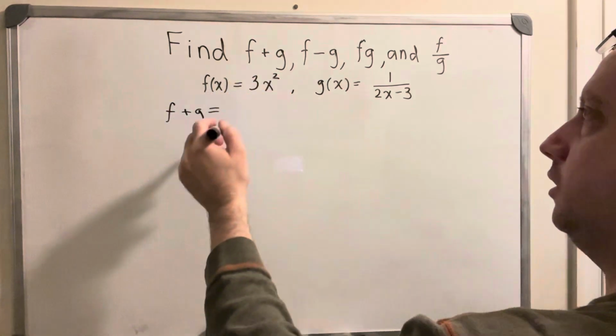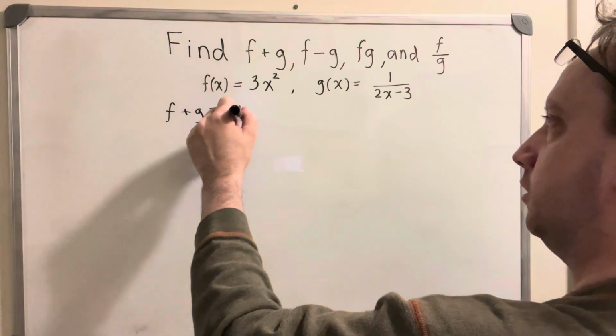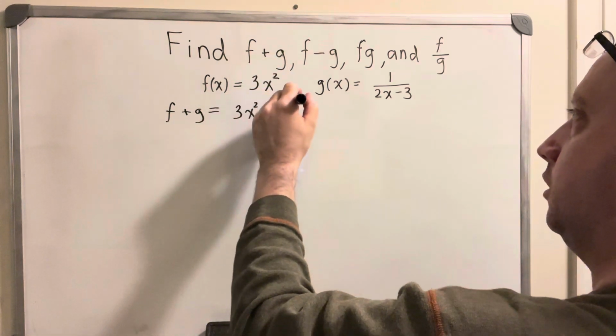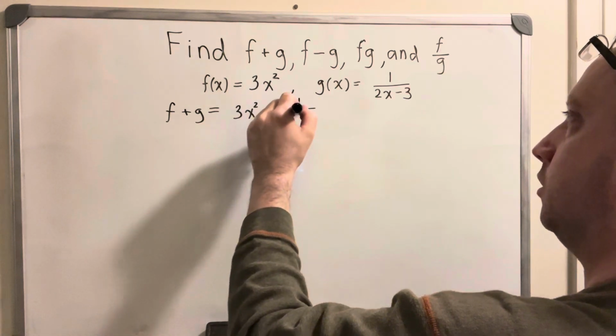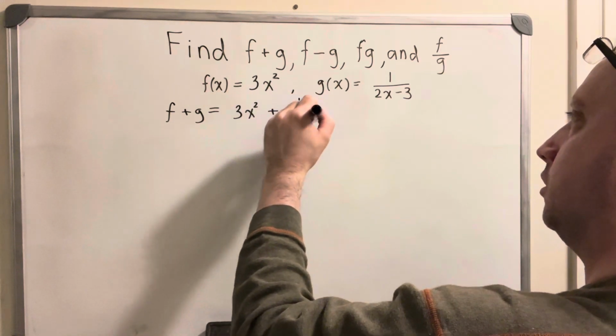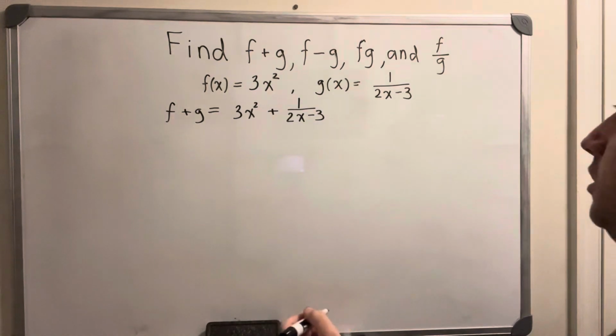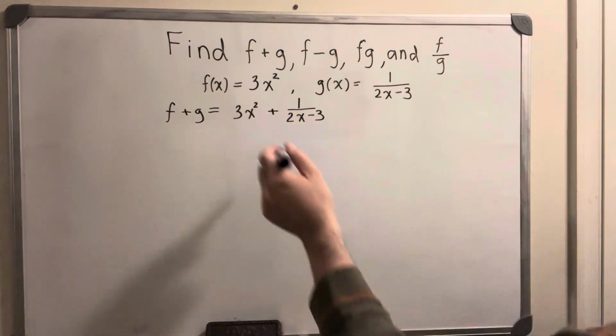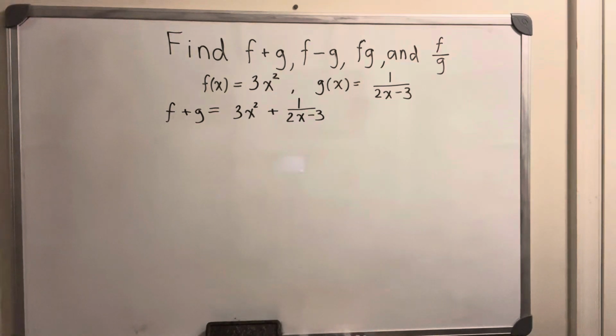would be, you take f of x, 3x squared, and you add g of x. If there are any good simplifications, we could convert this into one fraction, but I'll just leave it like that.